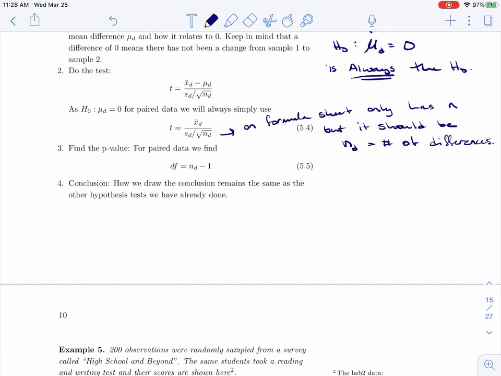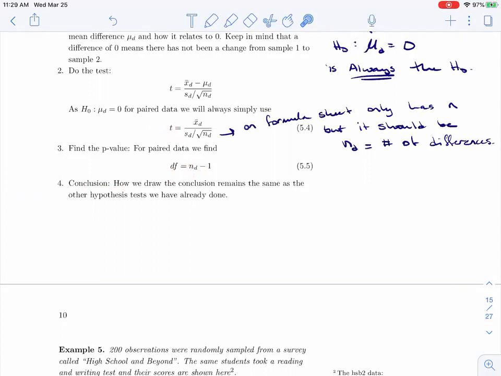So it gets confusing because you've got all those pre-post scores, and so n is the sample size of the differences, right? And then same thing for your degrees of freedom, because now we've got a t here, so we need to find the degrees of freedom. And so it's n, the number of the differences, minus 1.